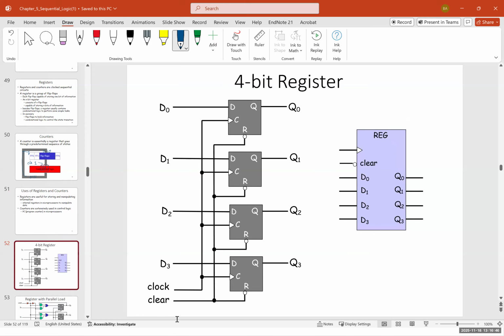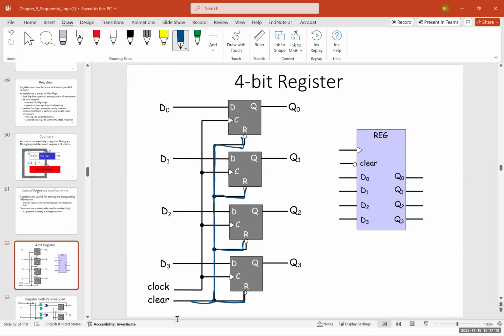Now, this slide shows an example of a 4-bit register. In this 4-bit register, it uses 4 D flip-flops. As you can see, all the reset pins are connected together, and it's connected to the clear, meaning we can clear this to 0.